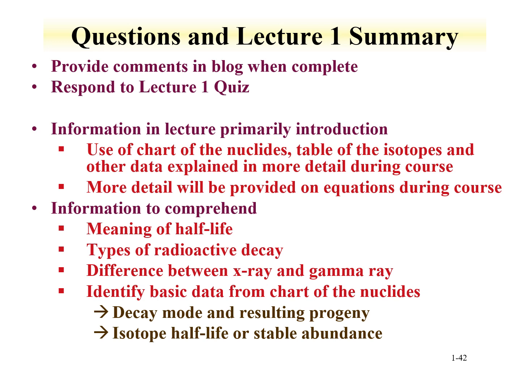The information you should be able to comprehend from this lecture includes the meaning of half-life, types of decay modes, differences between gamma rays and X-rays, and you should be able to identify some very fundamental data from the chart of the nuclide and other available sources. This includes decay modes and resulting progeny, and the isotope half-life or their stable abundances.